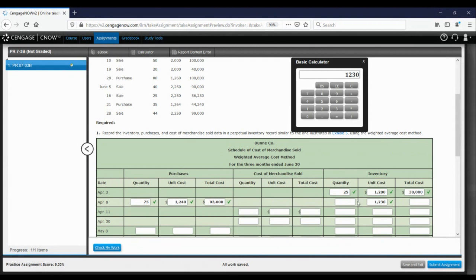Now the total units that I have left now is 25 units from my April 3rd transaction, plus the 75 units that I just bought, which was 100. I'm going to multiply the 1230 times 100, and that will give me my total cost of my ending inventory on April the 8th.